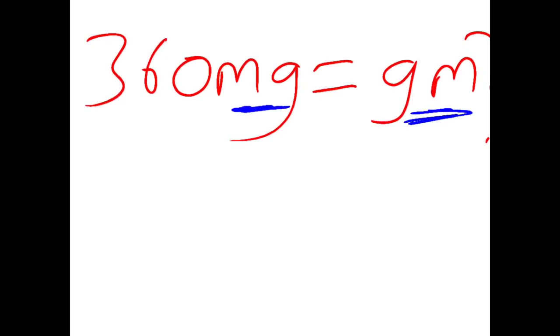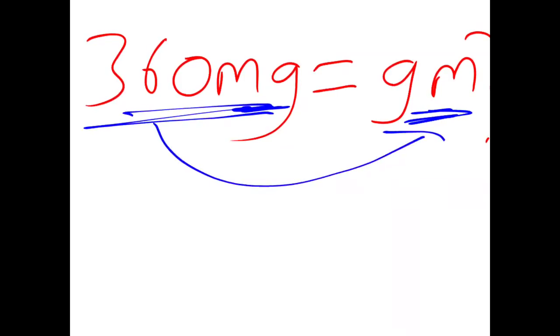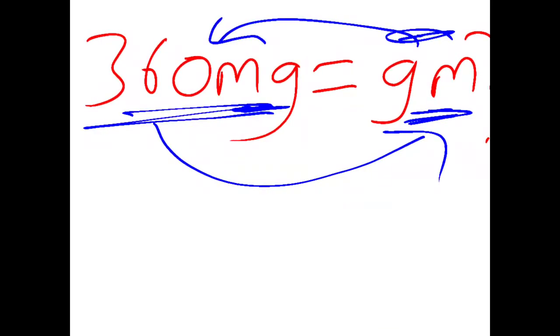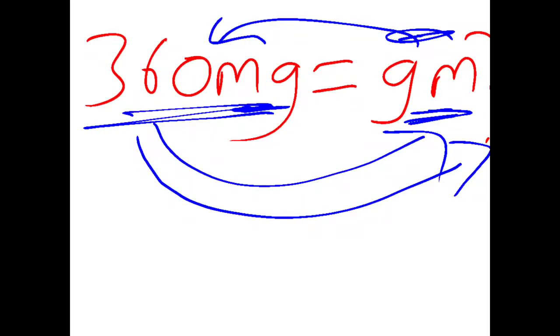So this time we are converting something with a smaller unit, taking it to the bigger unit. In the previous examples, we were converting the bigger unit and taking it to the smaller unit. But now we are dealing with a smaller unit, taking it to a bigger unit, and we are converting something in milligrams and taking it to grams.